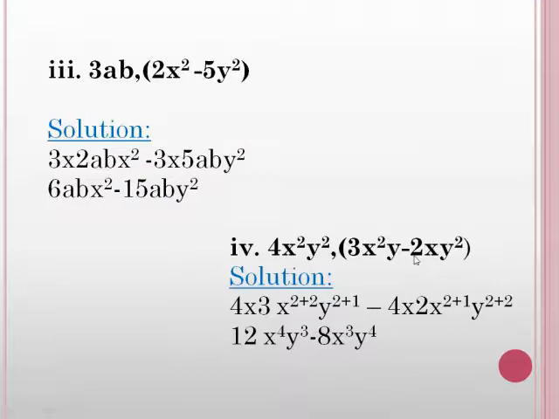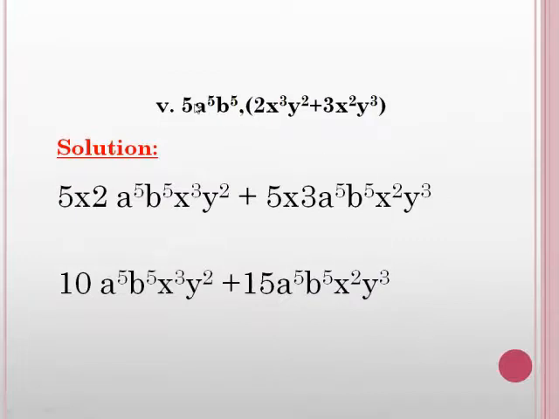So here we multiply their coefficients, 4 multiplied by 2, and here we have x and then add their exponents which are 2 plus 1, and y having the exponent 2 plus 2. Now here we multiply 4 3s are 12, and x exponent is 4 and y exponent 3, minus 2 4s are 8, and x exponent 3 and y exponent 4 here.